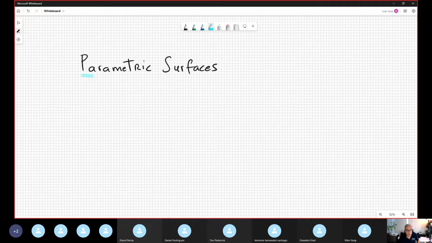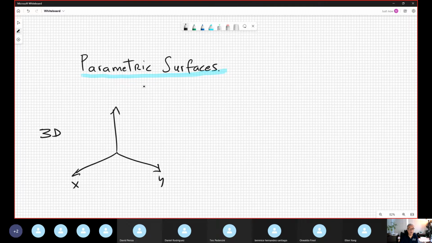You know very well how we can parametrize a curve. Suppose a 3-dimension context, 3D. However, we have in 3D a one-dimension object that is a curve.